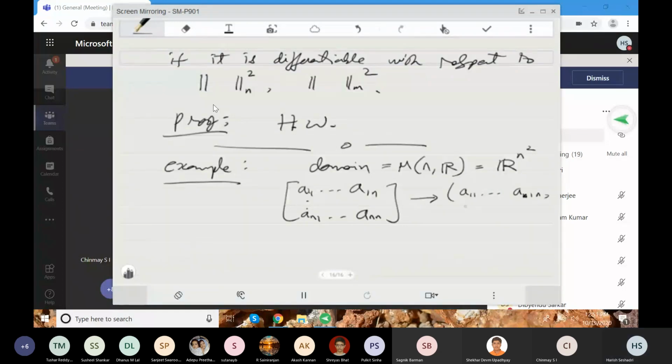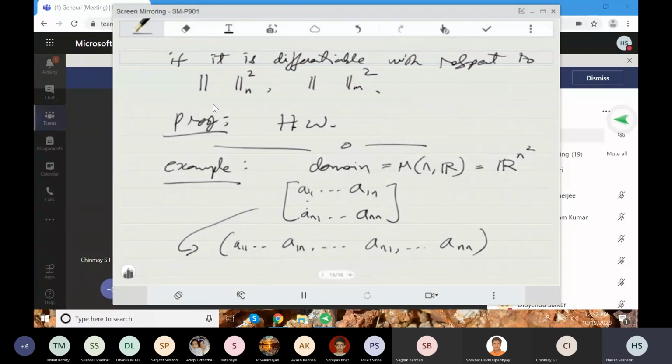So A is mapped to (A11, ..., A1n, ..., An1, ..., Ann), which is an element of Rn squared.